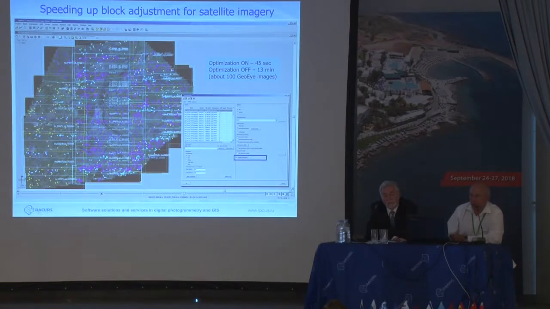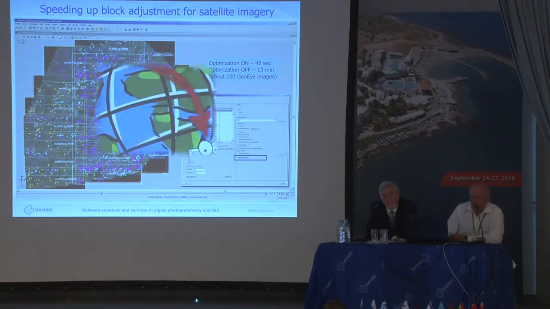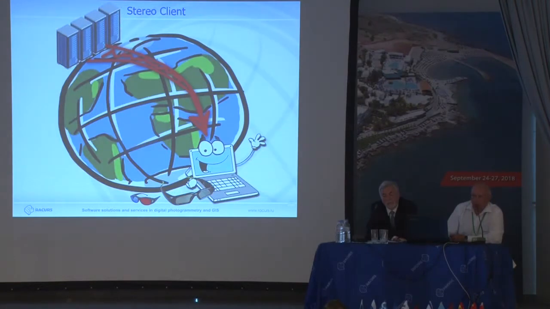I mean, it will be integrated, but for now you can enable or disable it. So optimization on for 45 seconds and optimization off for 13 minutes. Many know that large chunks of space data might take a long time to adjust.